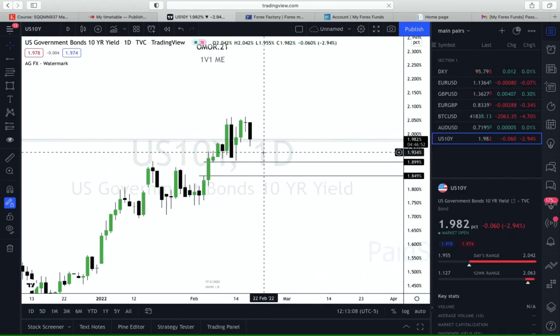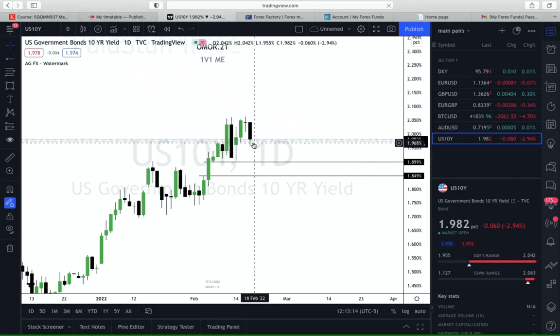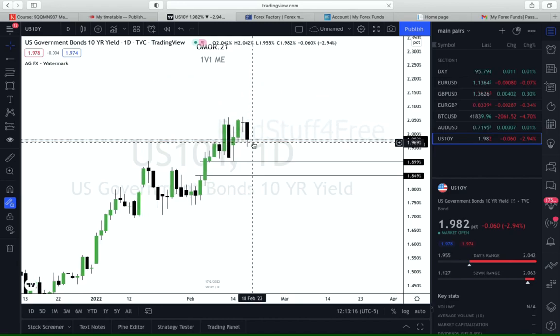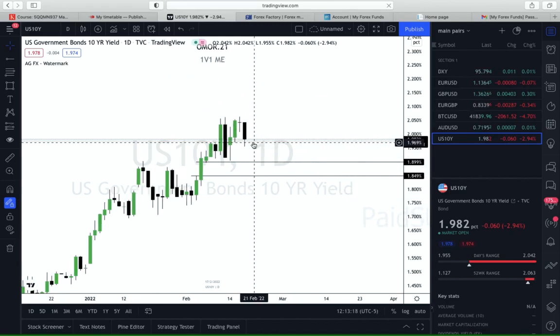So, how can we use the US 10-year to aid our DXY high time frame analysis? If we see that the US 10-year is heading towards some sort of objective, because remember what I said in lesson 1, yeah, the algorithm wants to do what? It has two jobs.